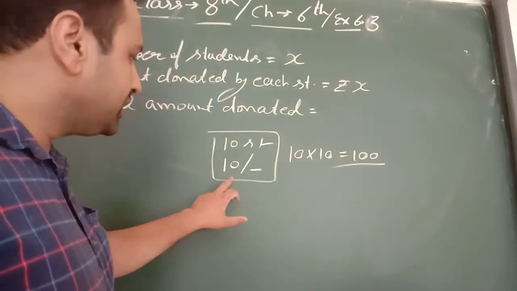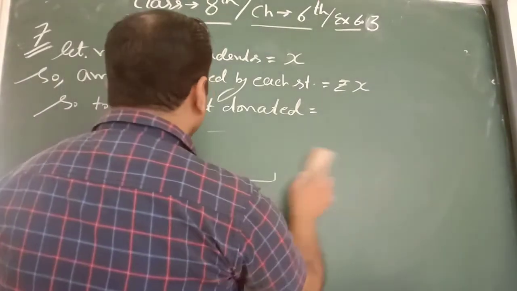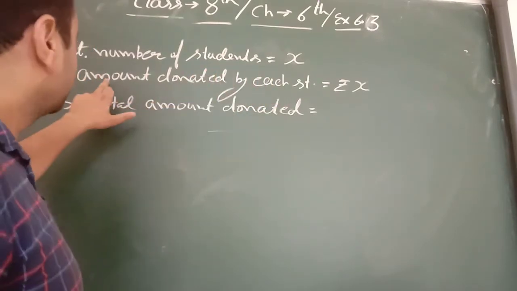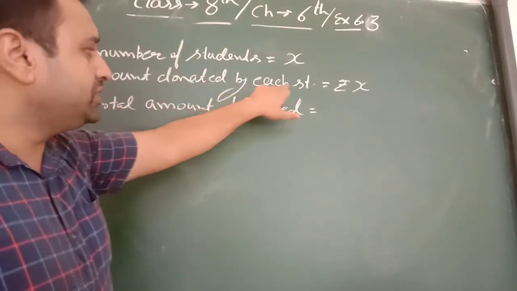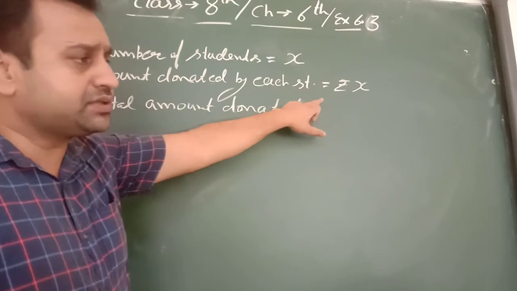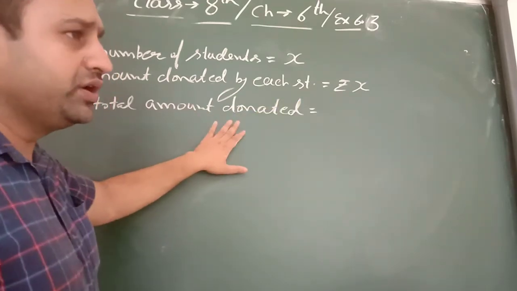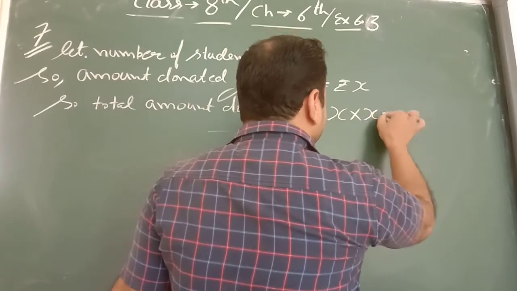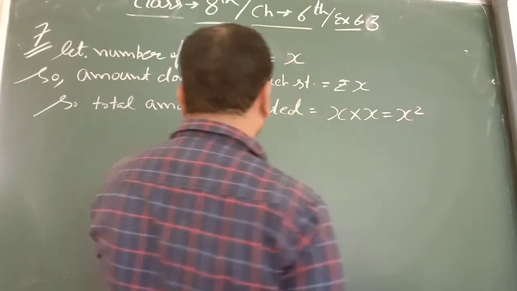So we use the same concept and let the number of students be equal to x. So the amount donated by each student is rupees x. So the total amount donated is x multiplied by x, which means x square.